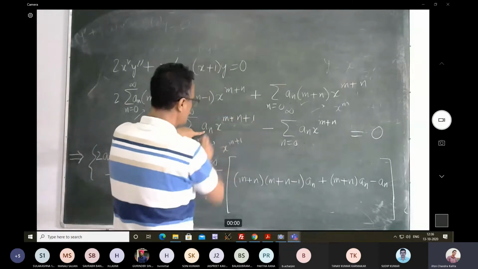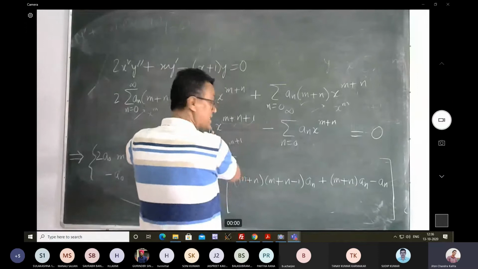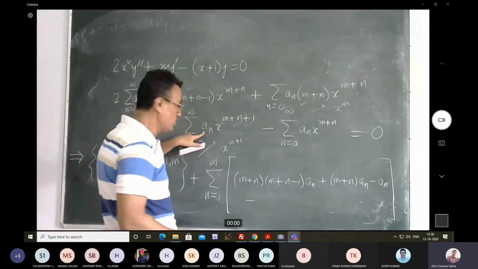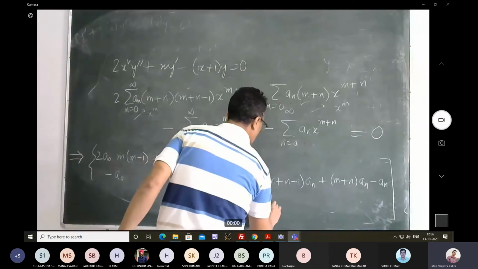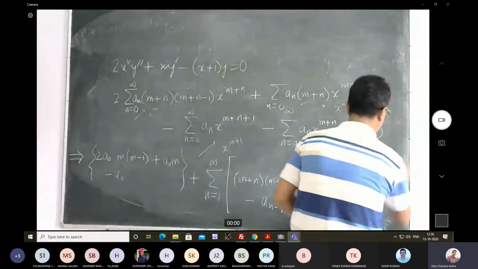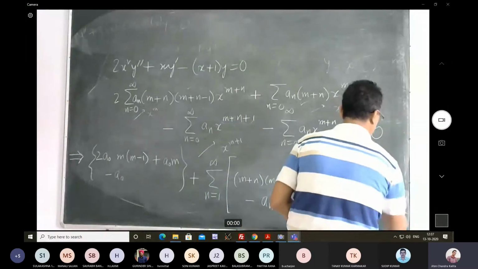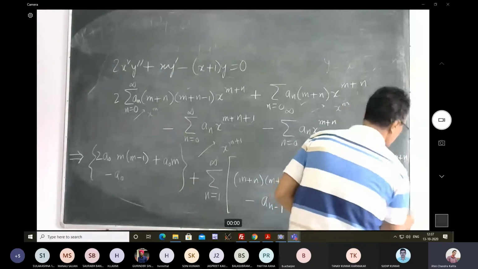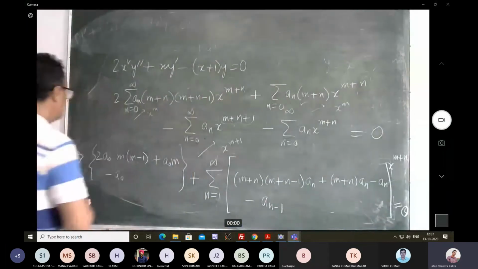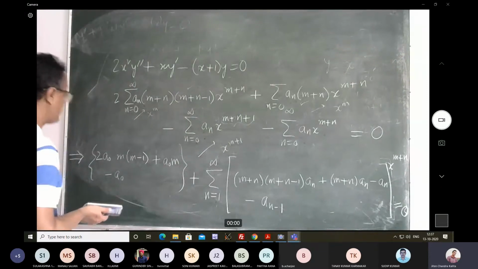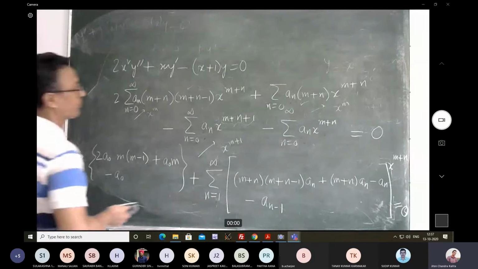So basically I am simply going to replace an with a n minus 1. Is it okay? Fine. A n minus 1. And of course, here I am going to give x to the power m plus n. So this is equal to 0. Okay. So now what you have to do is equate the coefficients of different powers of x to 0. Okay. Fine.